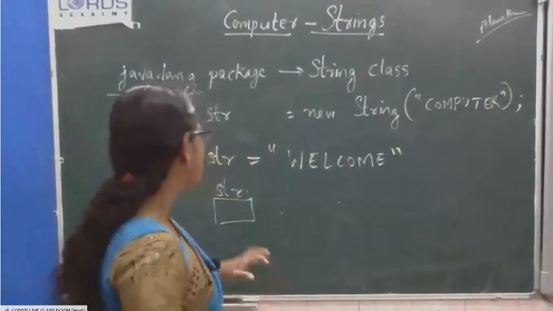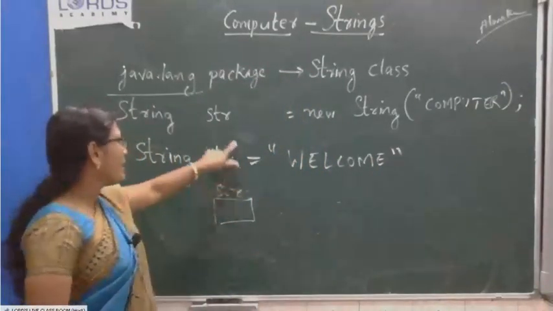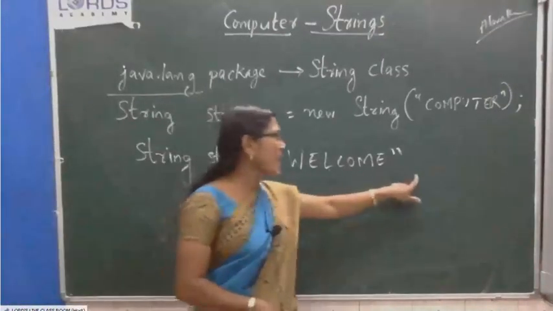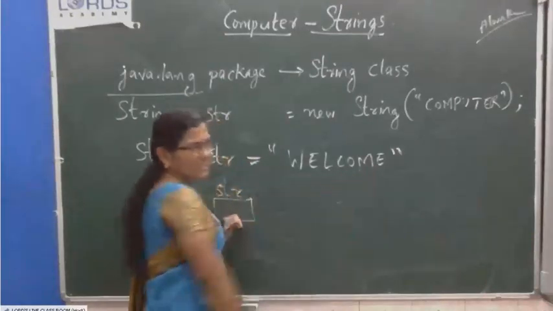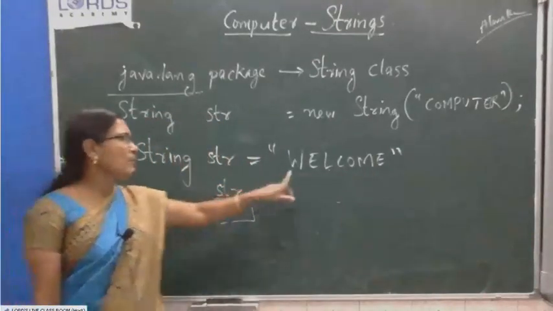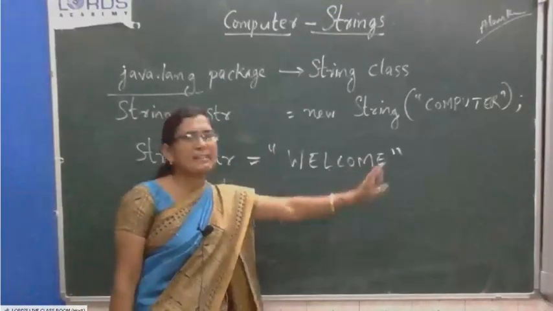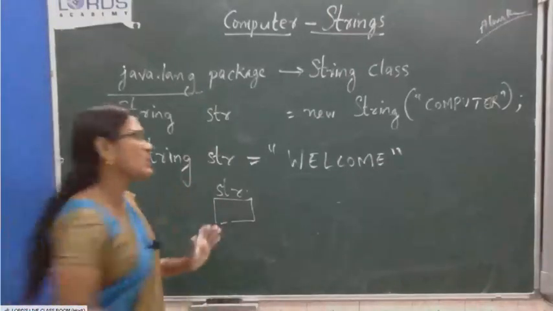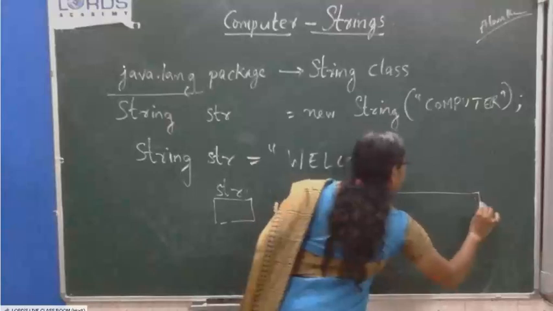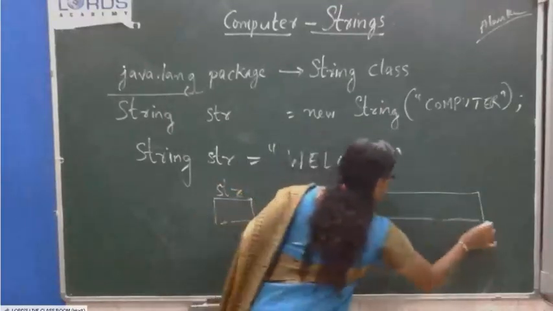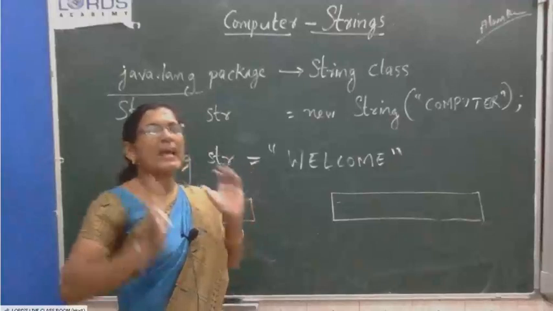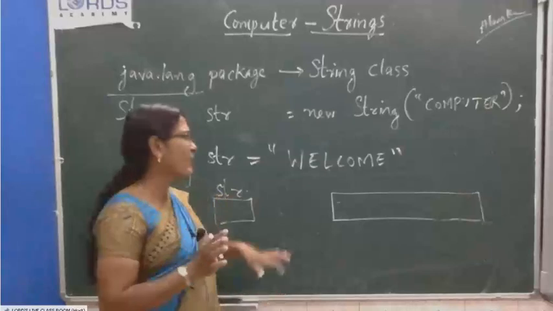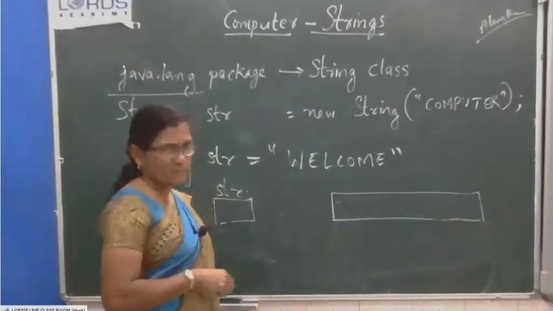When a string is created, a reference variable str is created in the memory, and to store all these characters, how many characters are there in the string Welcome? 1, 2, 3, 4, 5, 6, 7 characters, isn't it? 7 continuous character storage locations will be reserved somewhere in the memory, wherever 7 storage locations are free, continuously.